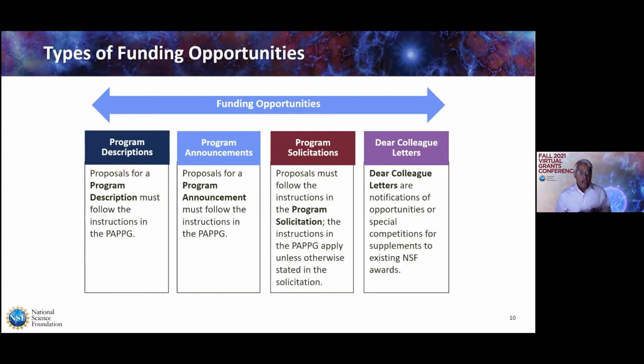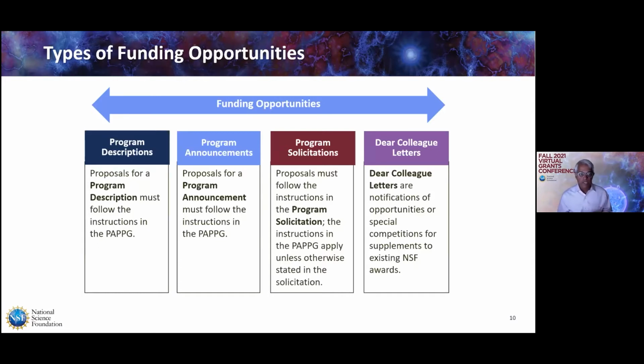So this slide is showing you the various kinds of funding opportunities that NSF has, and I'll start with the one that you probably are most familiar with, and that's called a program solicitation, the one in the middle there in the red.